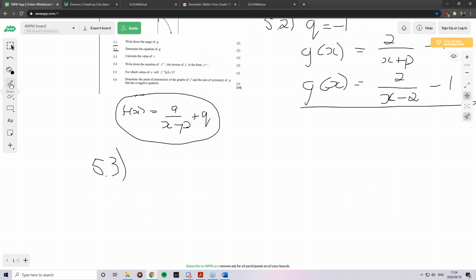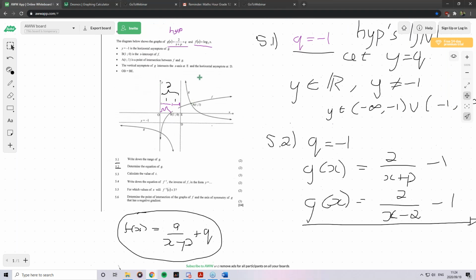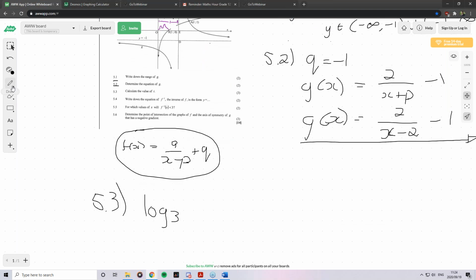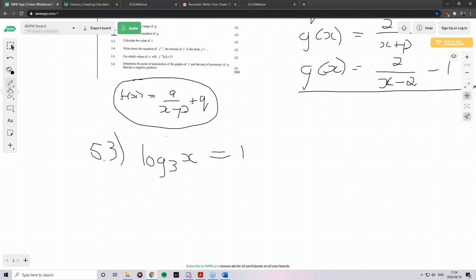So what we have is log base 3 of x at the point (t, 1) is equal to 1. Now, what this means is, what do I raise 3 by to get to x?